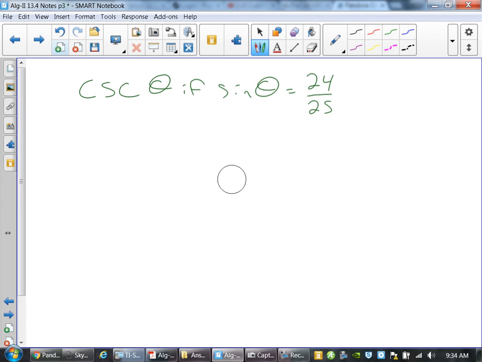Actually, let me draw this a little bit better. When we have these style problems, remember, theta is going to be placed at the origin. And the sine values are opposite over hypotenuse. Cosecant is the reciprocal of that.